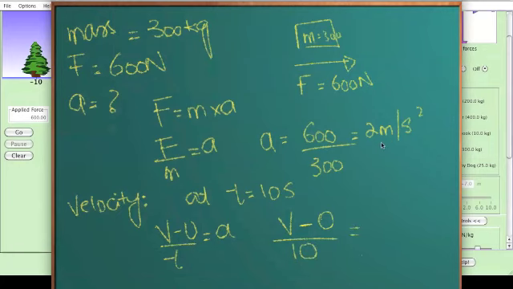The constant acceleration with which the box is moving is 2 meters per second square. So let's see what the velocity is. 2 times 10, which is 20 meters per second. So at time t equal to 10 seconds, with this mass we will have a velocity of 20 meters per second.